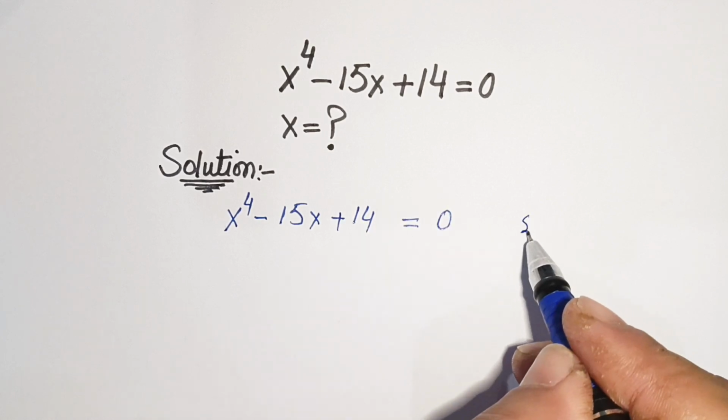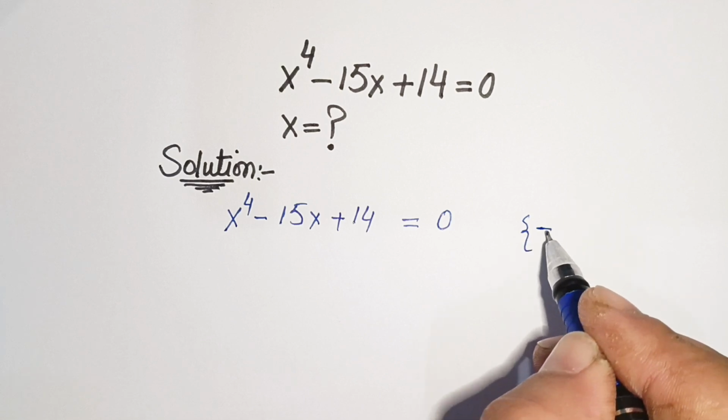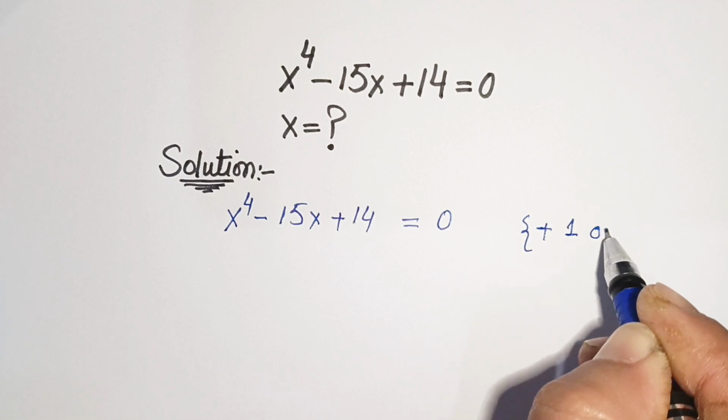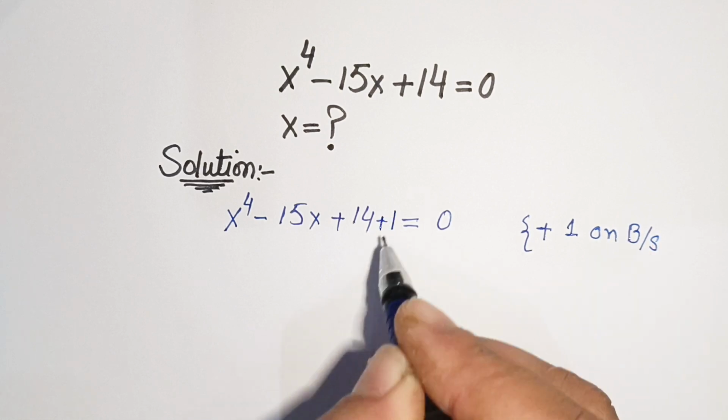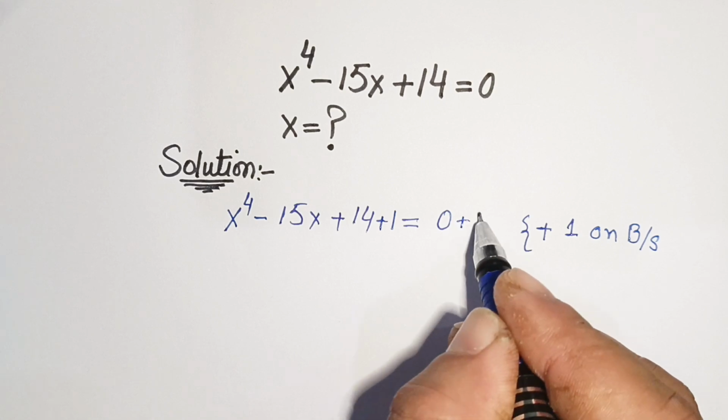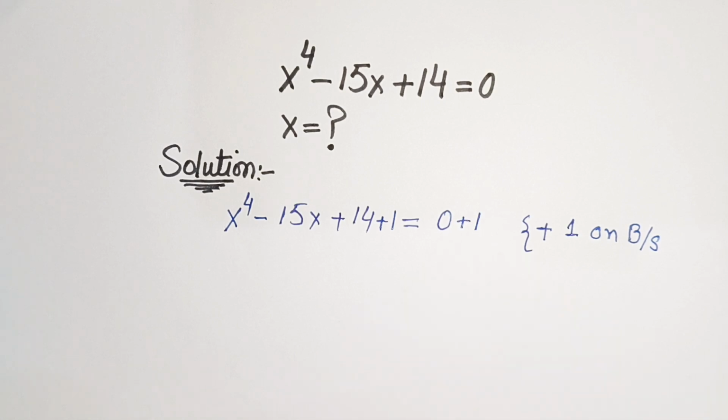Now if we add 1 on both sides, adding plus 1 to our left hand side and similarly adding plus 1 to our right hand side.